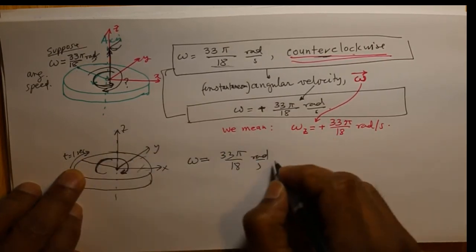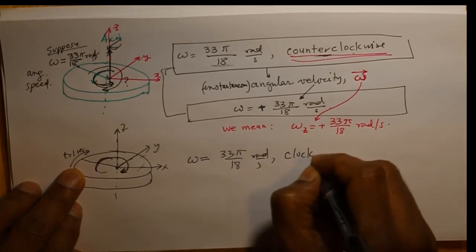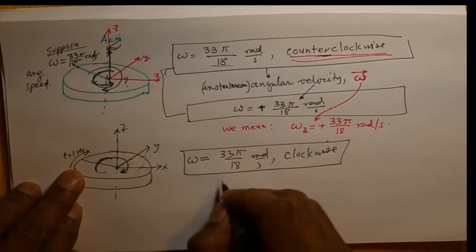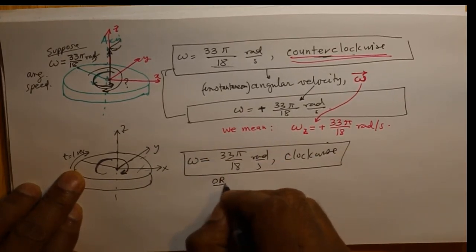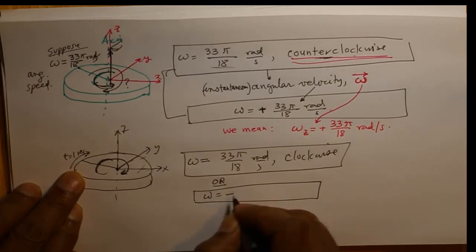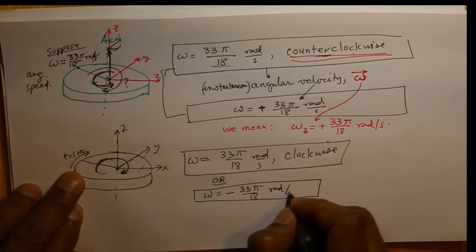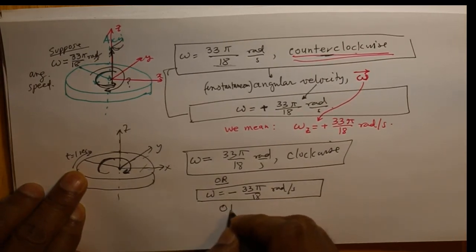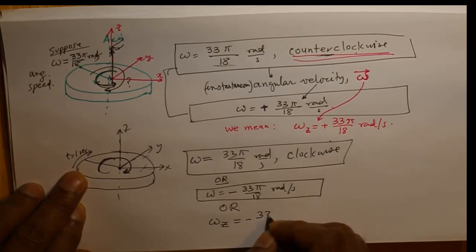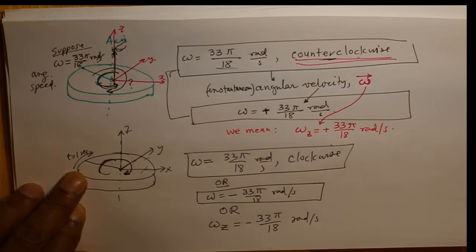Suppose everything was the same in terms of magnitude, but it was clockwise. Then this will be the instantaneous velocity, and we can write omega equals minus 33 pi over 18 radian per second, or omega sub z is equal to minus 33 pi over 18 radian per second.